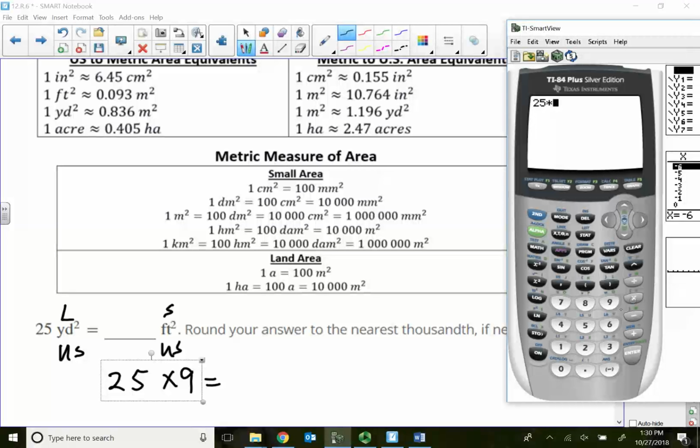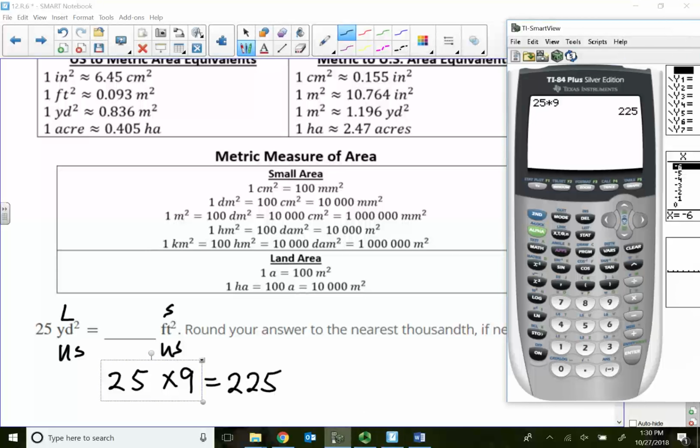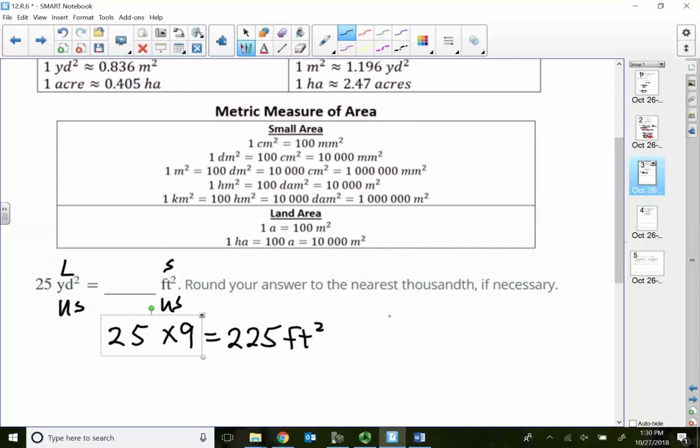So where does the 9 come from? My answer is 225 square feet. Where does that 9 come from? Well, what the formula says is 1 square yard is equal to 9 square feet.